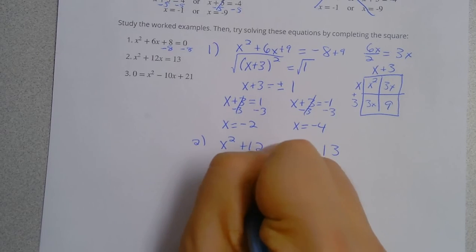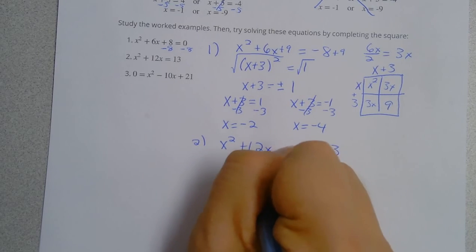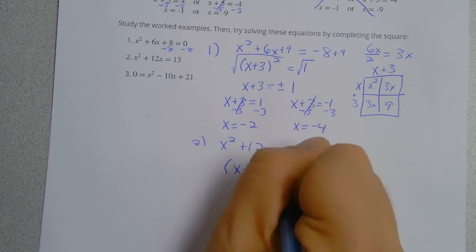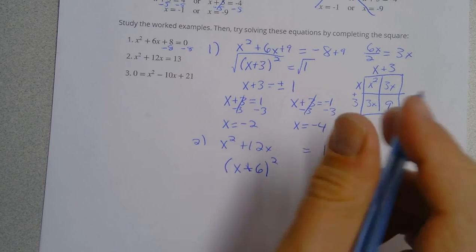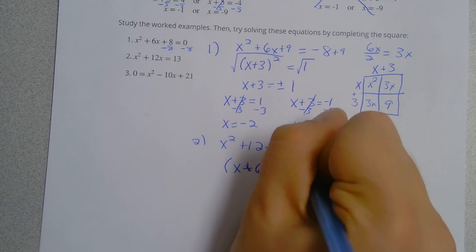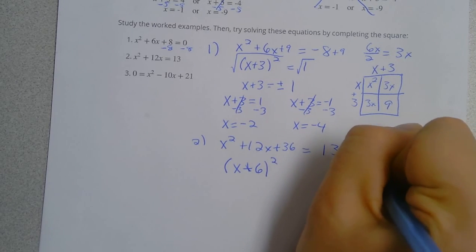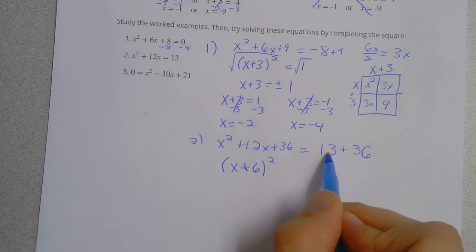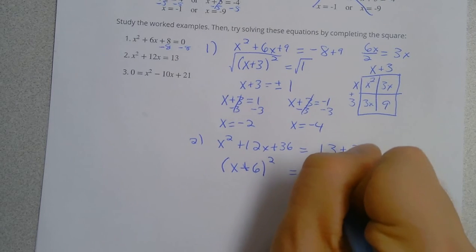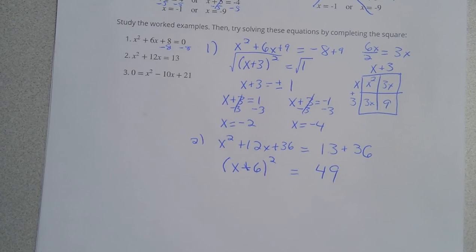I'm going to do that without the picture, and I know that we're going to have x plus 6 being squared. And then if I remember, I'm going to multiply 6 times 6. So 6 squared is 36. So I'm going to add 36 to both sides. So 13 plus 36 is equal to 49.